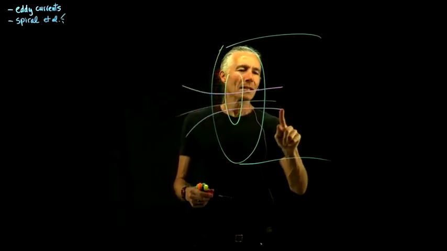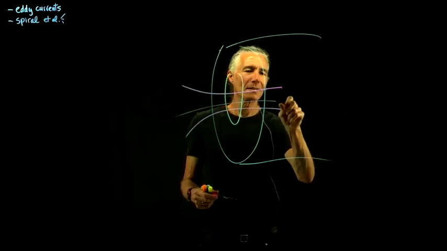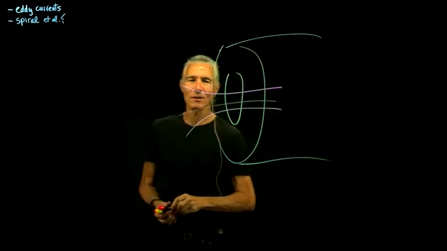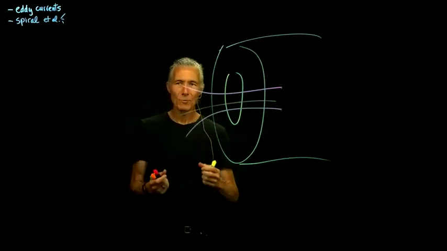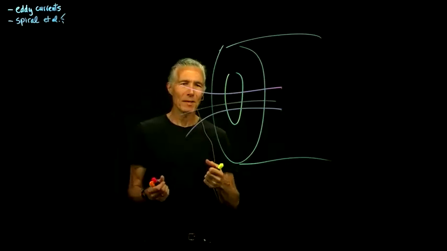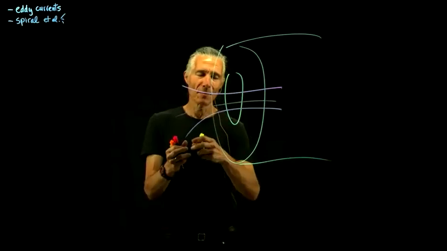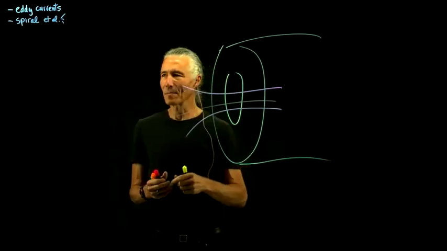A nice physical demonstration of eddy currents is this: I've got an aluminum pie tin, so it's not magnetic. It's safe to bring into the room because it won't be attracted to the magnet.